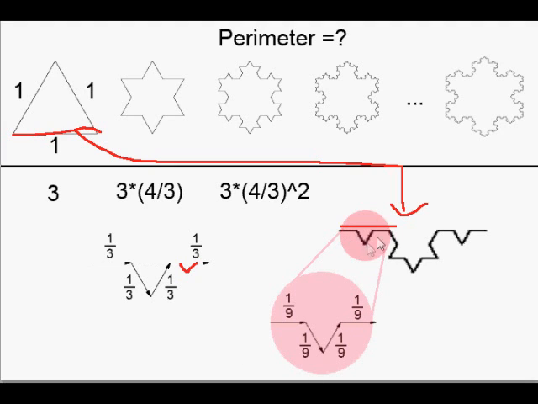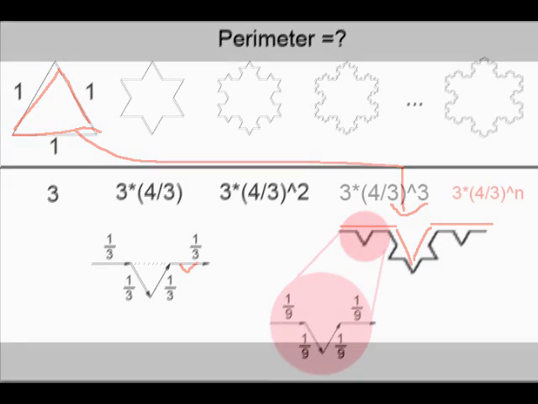Therefore, the total length of this thing here must be 4/9, because there are 4 of them, and then there are 4 of that in here. So it's 4 times 4/9, 16/9. And in the entire shape, we have 3 of those because we have 3 original line segments, and every one of them now has length 16/9. So the total length here is 3 times 16/9, or 3 times (4/3)^2.